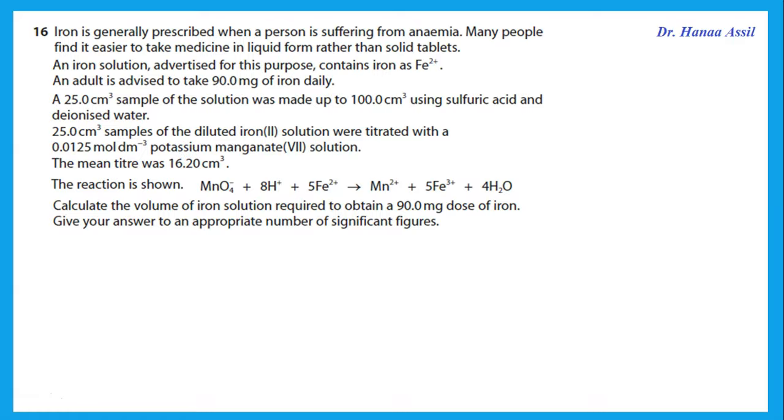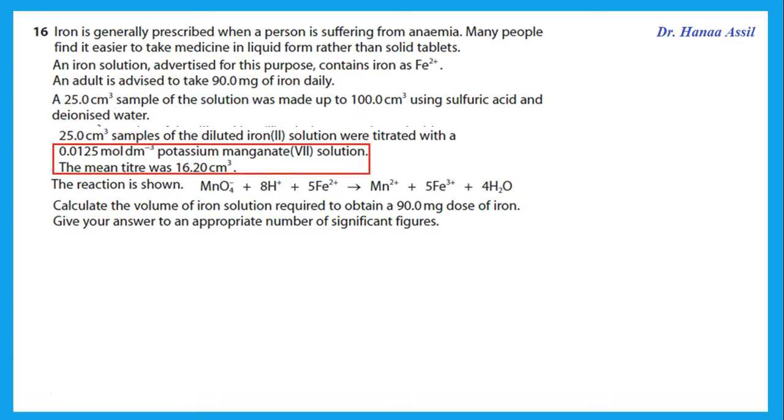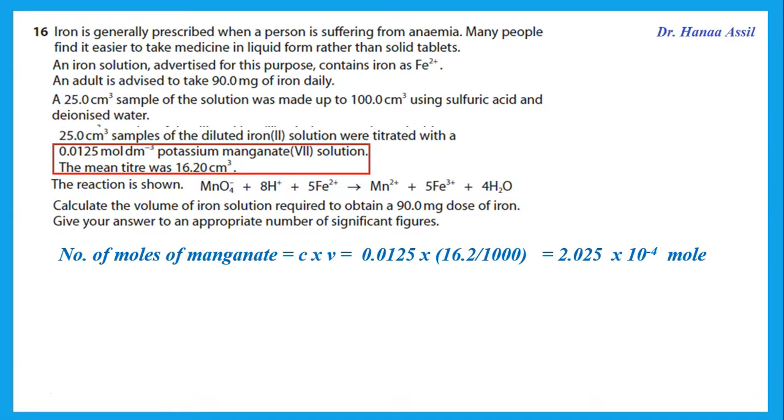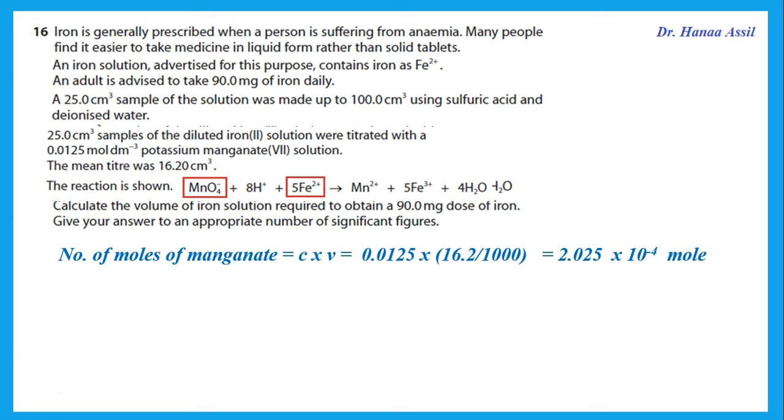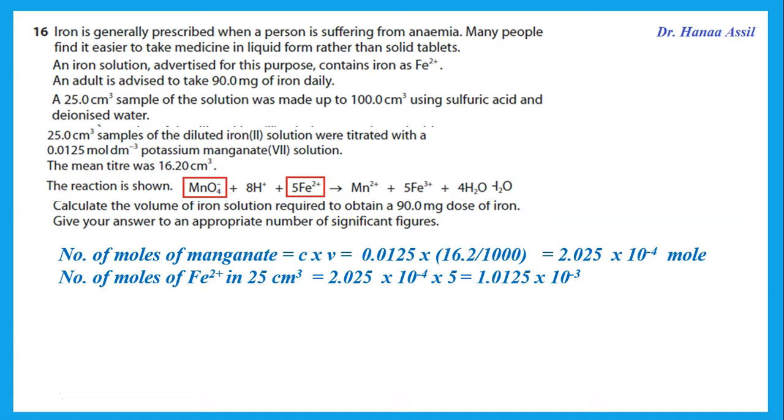Well, the first thing is we have the titration with the potassium permanganate, concentration and volume, to get the number of moles of manganate: concentration times volume. Now look at the equation, relate the number of moles to the number of moles of iron 2. Well, obviously the number of moles of iron 2 should be 5 times that.